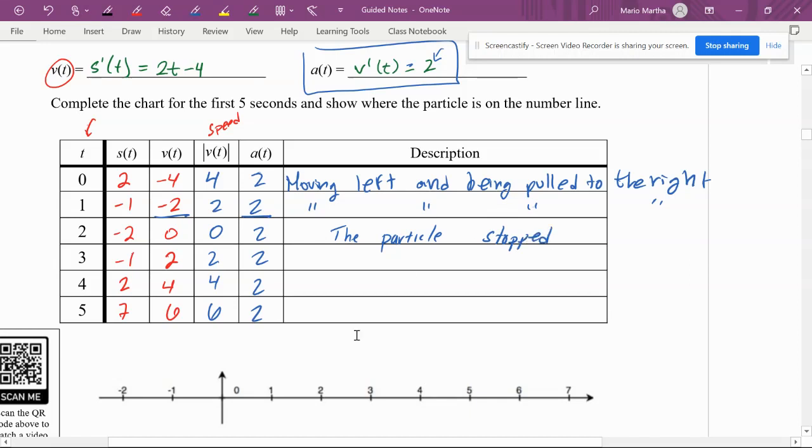And then the next one, both are positive, right? So remember, we're just looking at velocity and acceleration. So both of those are positive. So I can say the particle moves to the right and is being pulled more to the right. So it keeps going faster, right? So moving to the right and being pulled to the right.